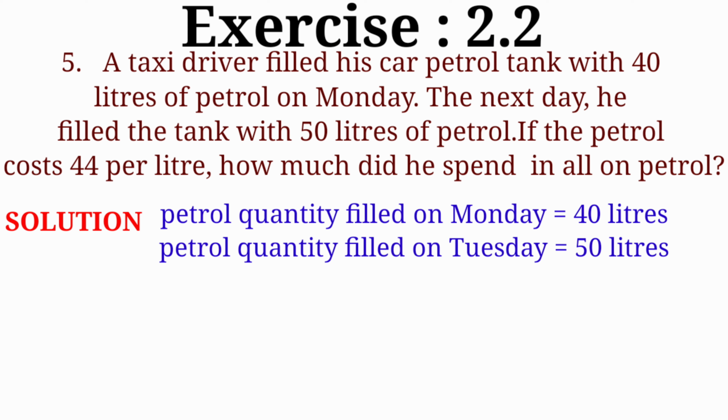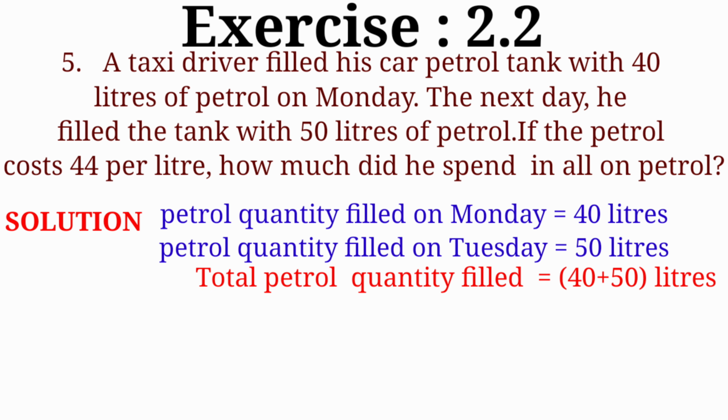Petrol quantity filled on Monday is equal to 40 liters, and petrol quantity filled on Tuesday is equal to 50 liters, and the total petrol filled is 40 plus 50, 90 liters. Now the cost of petrol per liter is equal to 44 rupees, and total money spent is 44 into 90.